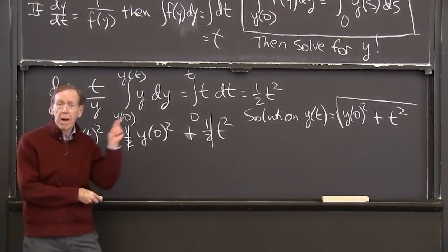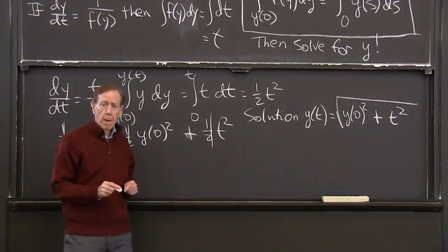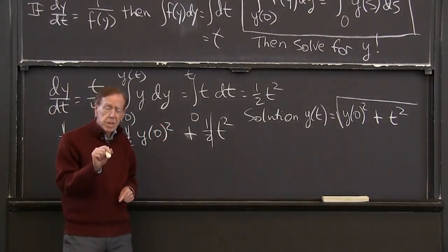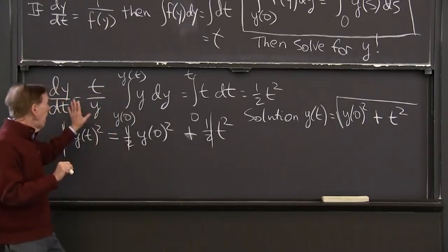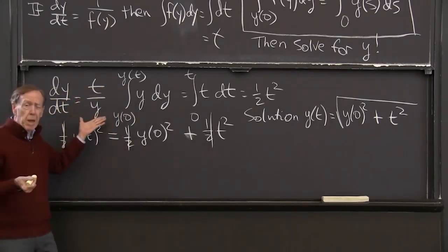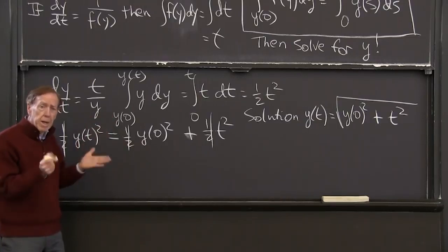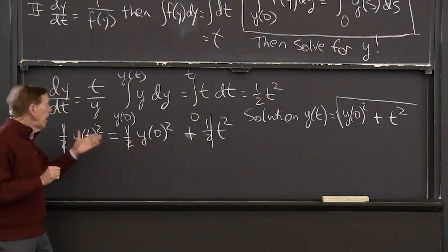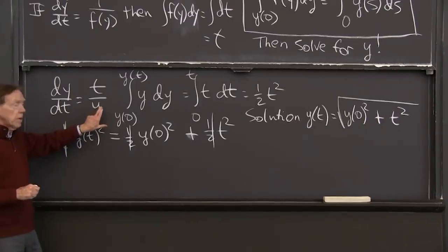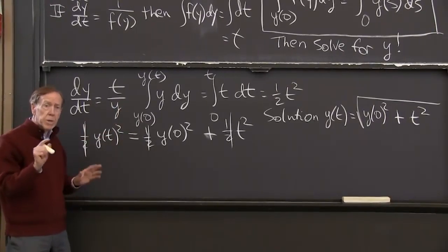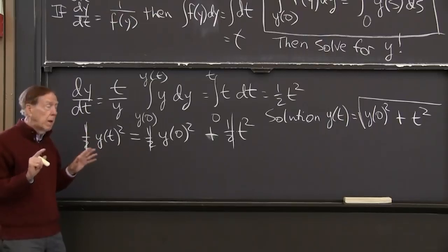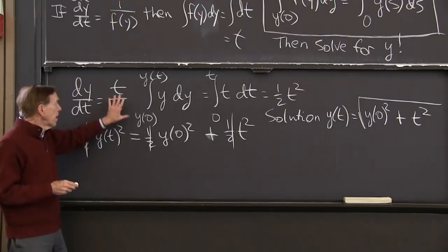Maybe I'll make a small comment on this equation, because it's essential to begin to look for dangerous points, singular points, where things are not quite right. Here, the dangerous point is clearly y equals 0. If I start at y of 0 equals 0, then I'm not sure what's the solution to that equation.